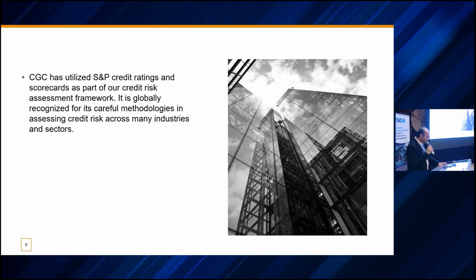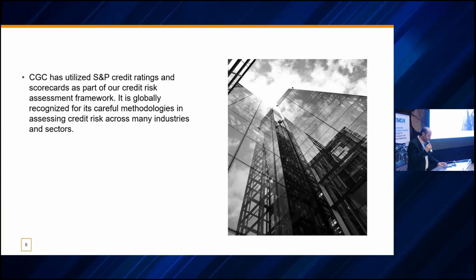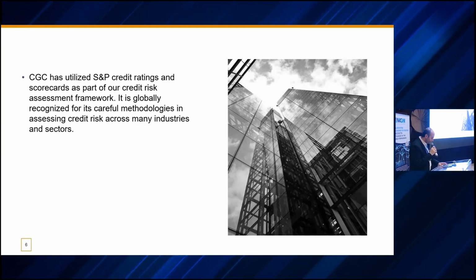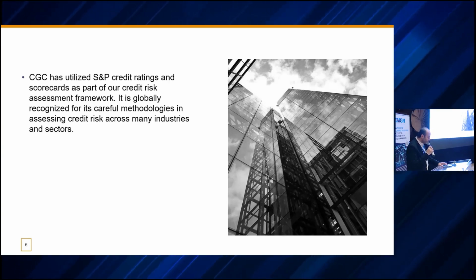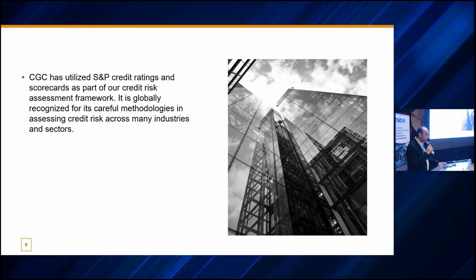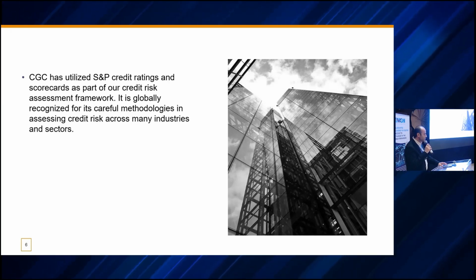All guarantees with an ORR from 1 to 6 are classified as stage 1. All guarantees with ORR 7 are classified as stage 2. All guarantees with ORR 8 to 10 are classified as stage 3.